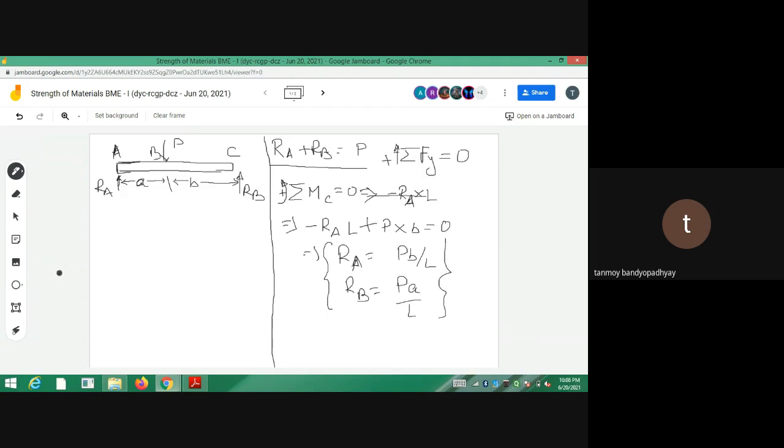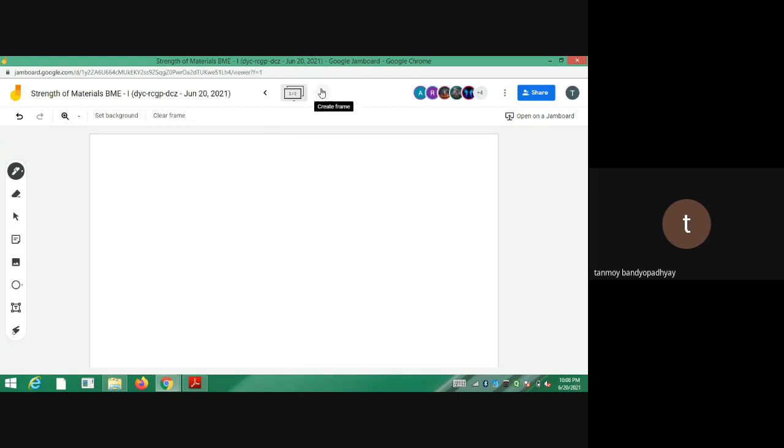Once I cross the point B, a force of P gets introduced. So from A to B it is constant loading, and from B to C it is constant loading. That is why I can divide this beam into two parts, AB and BC, and do my calculations.